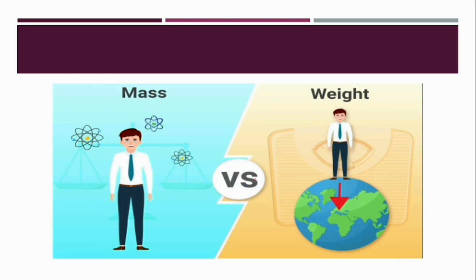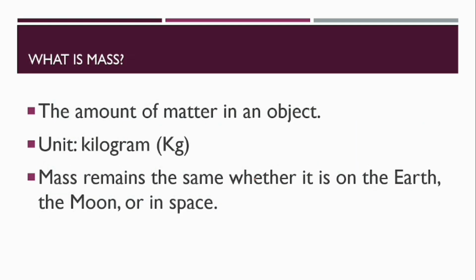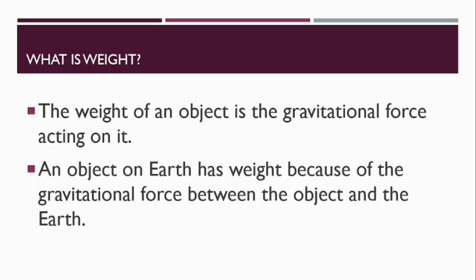Now we will study about the mass and weight. So first of all, mass. Mass is simply the amount of matter in an object. Mass is measured in kilograms and it remains the same whether it is on earth, moon or in any planet. But weight of an object is actually the force of gravity acting on it.